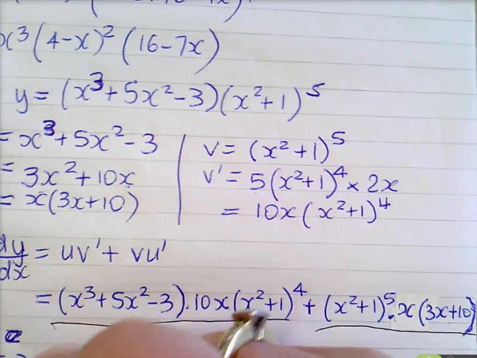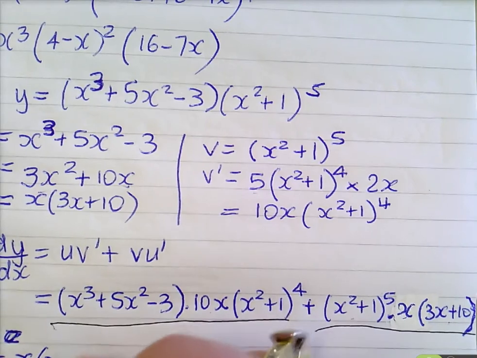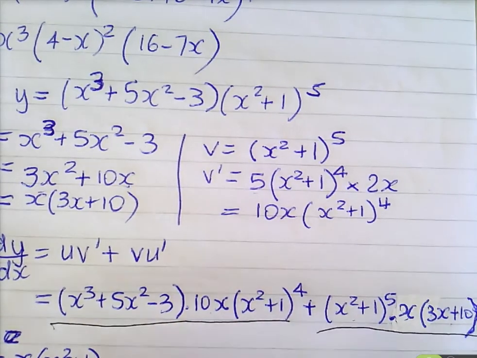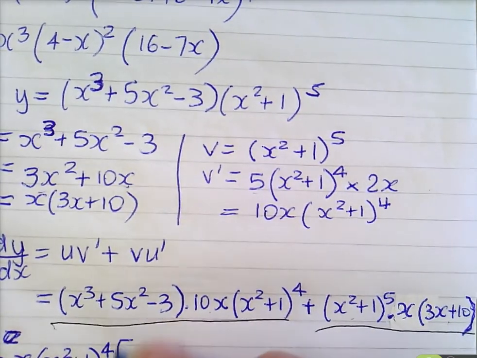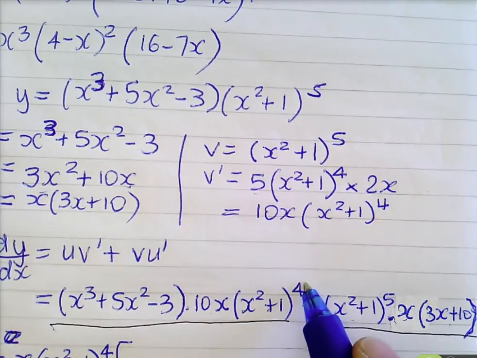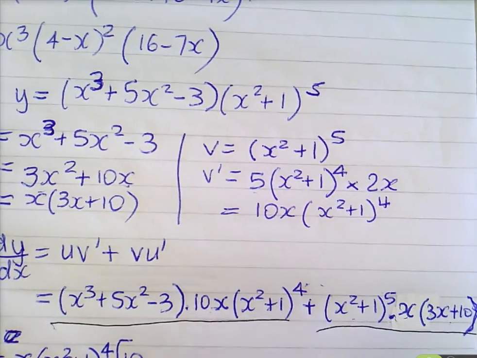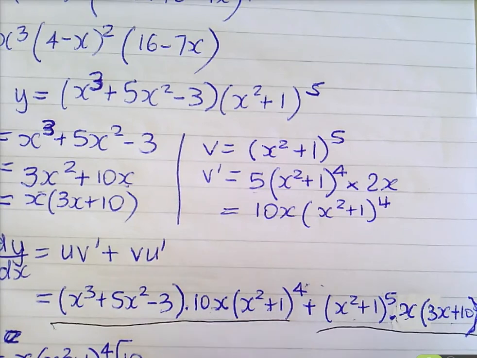There's just a normal x in each one. Then we've got an x squared plus 1 to the power of what? 4. And nothing else. So let's just see what we've got left. We've pulled out an x and an x squared plus 1 to the power of 4 from the first term. So we're therefore left with 10. Yes? What else?